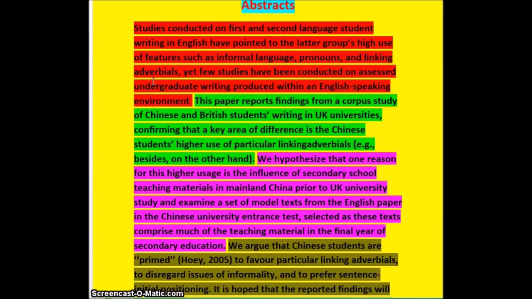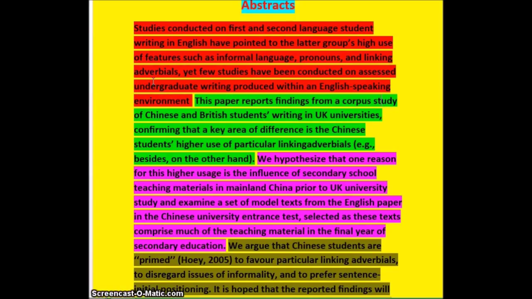It gives a summary of the problem that the author is trying to address. It talks about the high use of features such as informal language, and then there's a contradiction that few studies have been conducted on this topic. So it creates the problem.